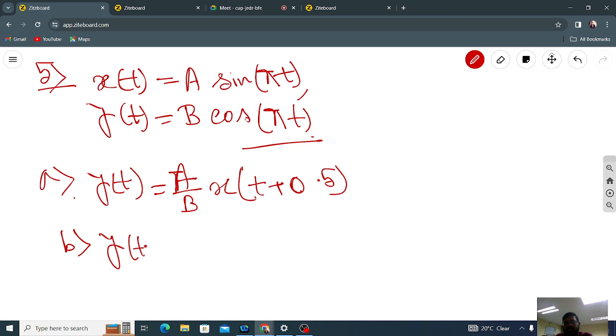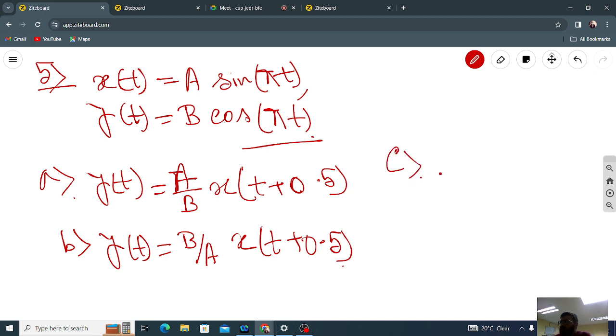Second, y of t equal to b by a x of t plus 0.5. Option C is y of t is equal to a by b x of t minus 0.5.